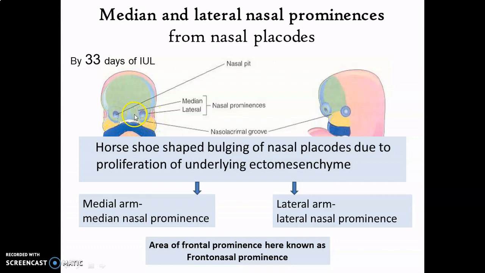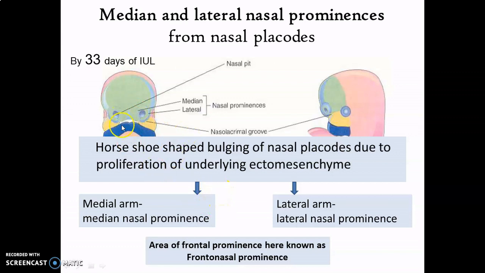So there are 2 median nasal processes on either side of the developing face, and lateral nasal prominences on either side, as you can appreciate in this image. The area of the frontal prominence between the median nasal processes is known as the frontonasal prominence.